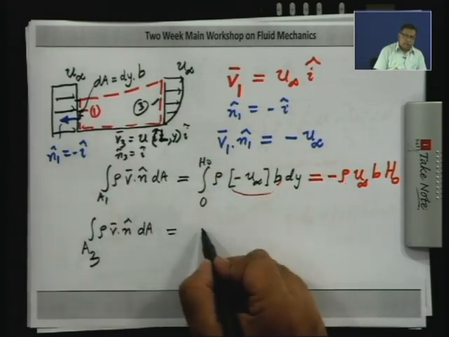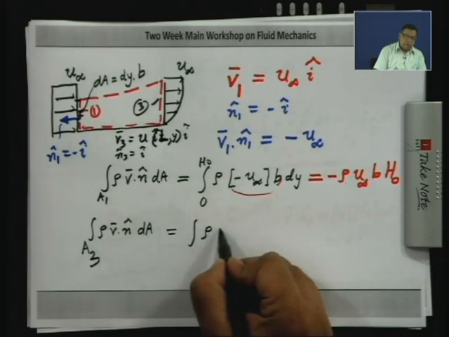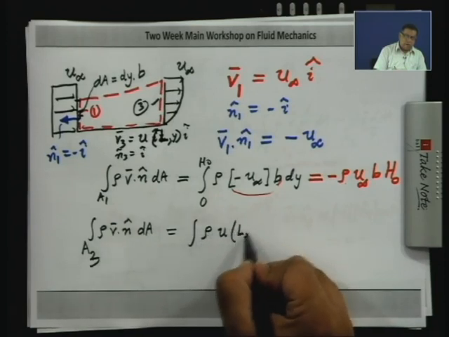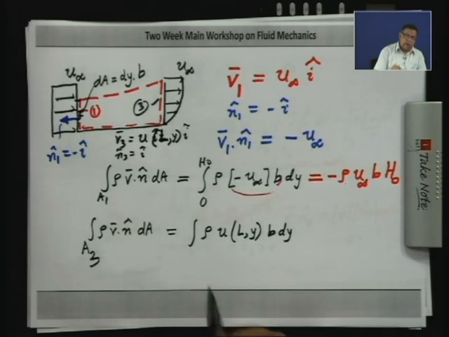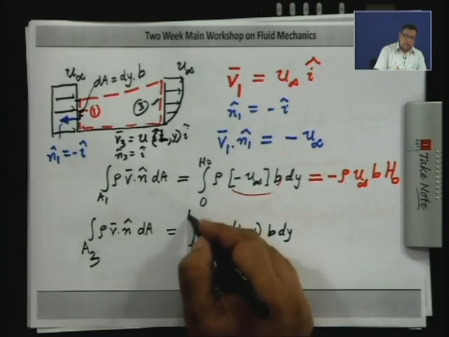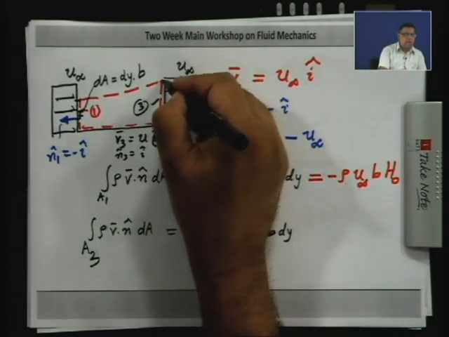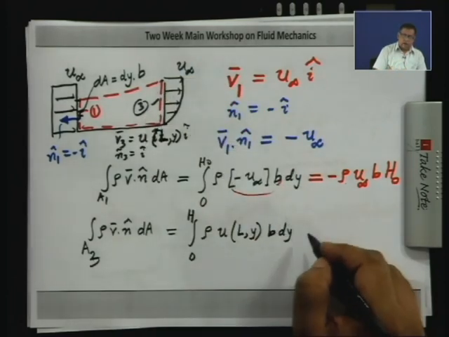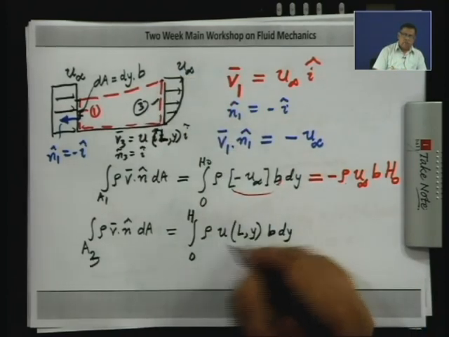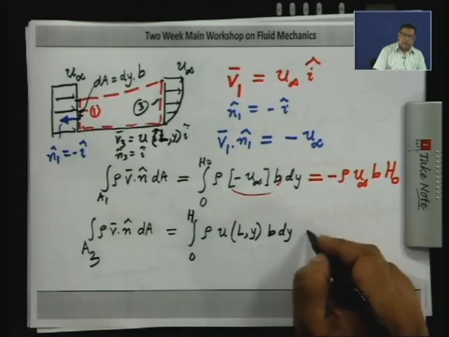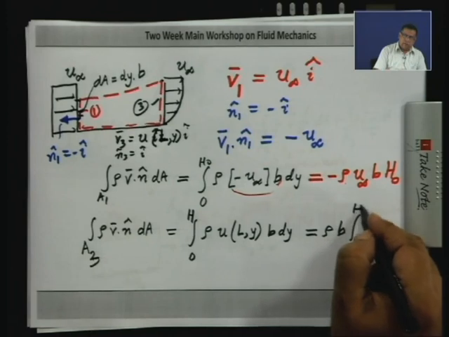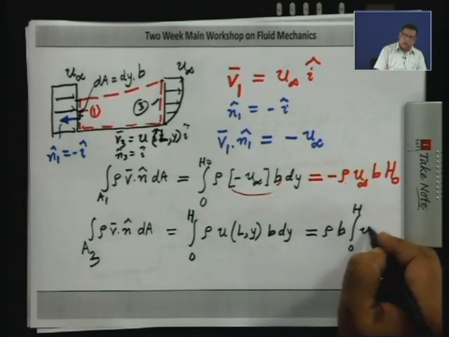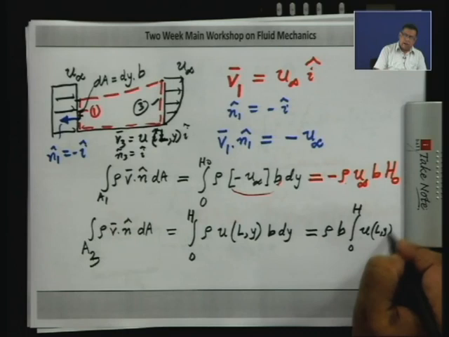So, v dot n is now u of L comma y, and dA I can write as b dy. Now, I have to integrate from 0 to h, because this point is y equal to h. Now, this u is varying with y. So, you cannot pull it out of the integral, but you can write it as rho b integral of 0 to h u of L comma y dy.